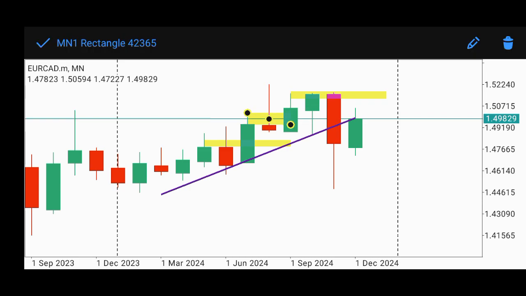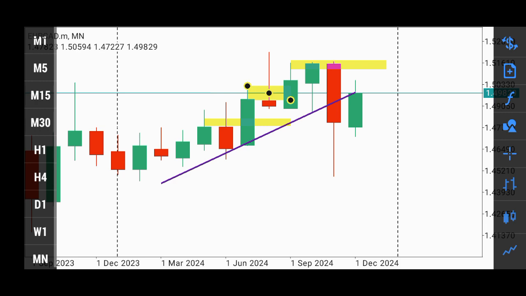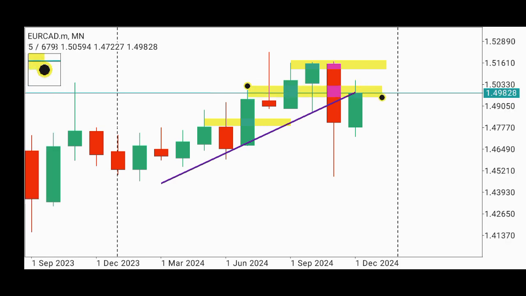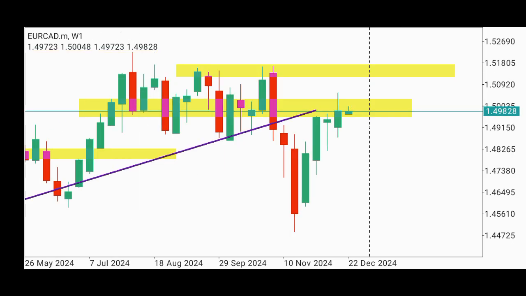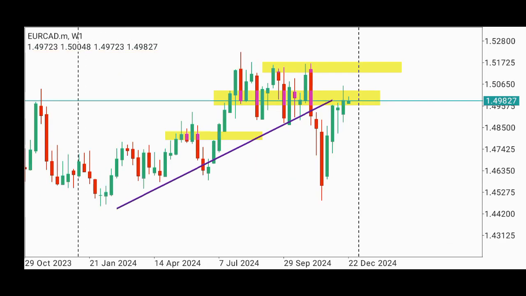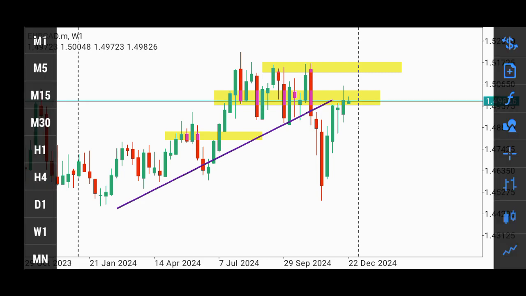So let's go to weekly time frame and see what the price is doing. Okay, you can see what price did. So let me just show you a simple trick that you can use to follow up the market.